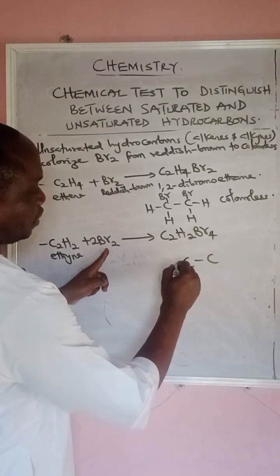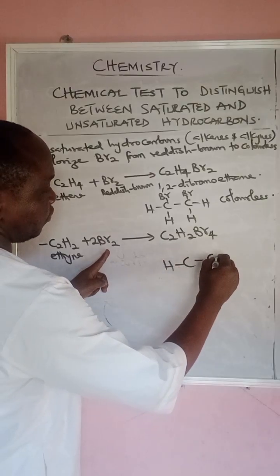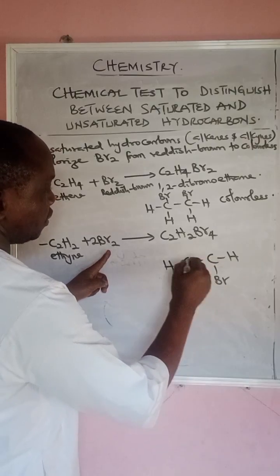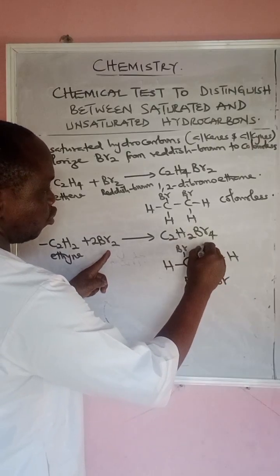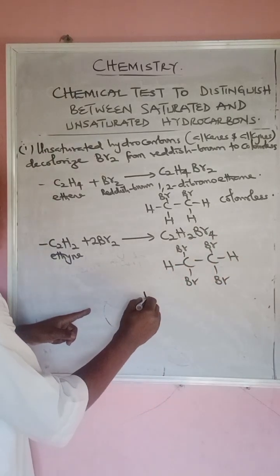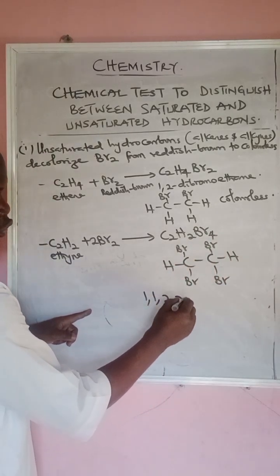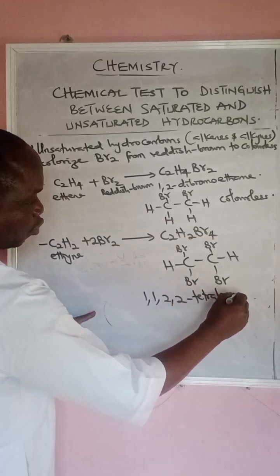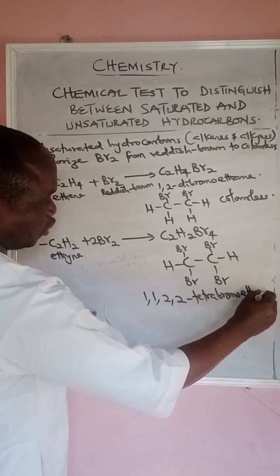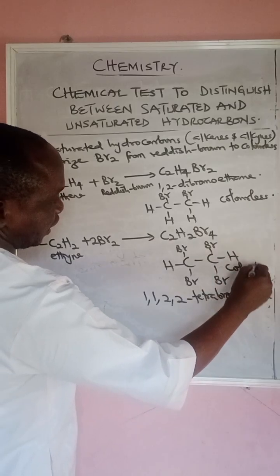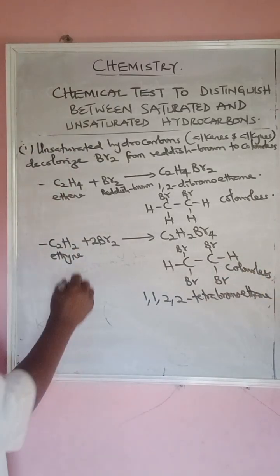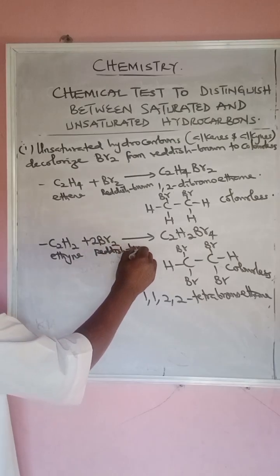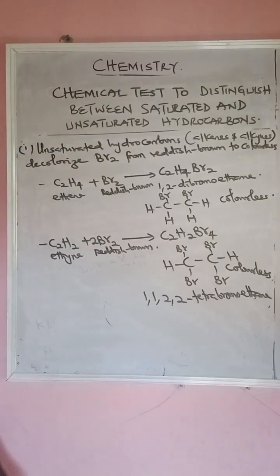If you arrange this, hydrogen here, hydrogen here, bromine here, bromine here, bromine here, bromine here. You can see 1,1,2,2-tetrabromoethane, which is colorless. And this is reddish brown. So that is what we are saying.